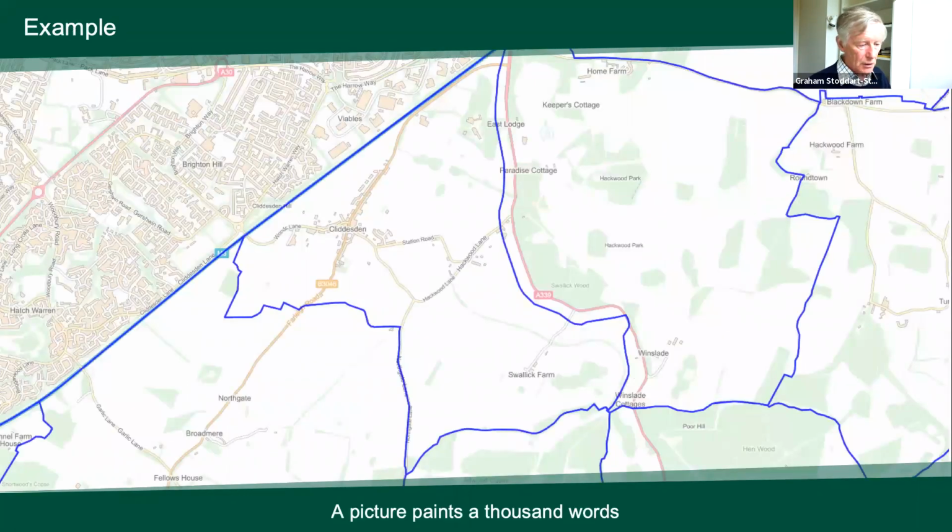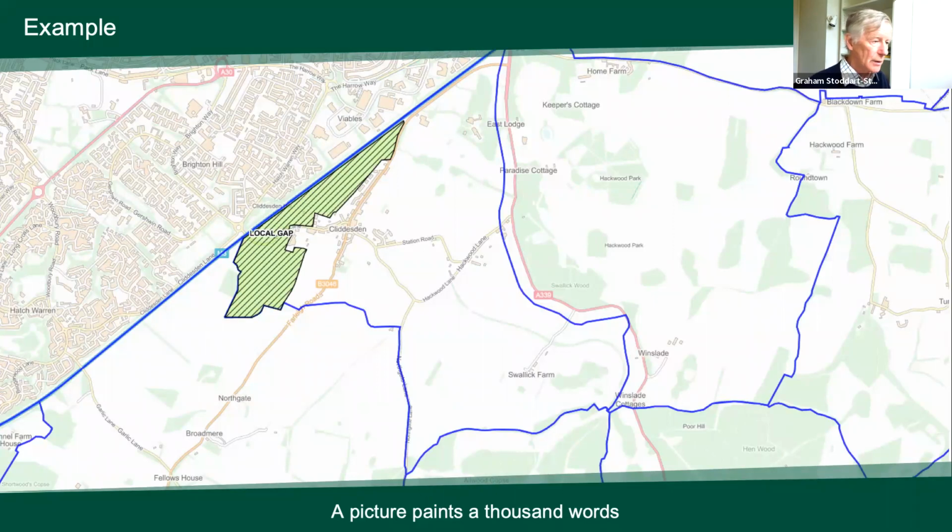Then you can just show examples of what you can do. So here's just a boring old digital map of a local place, and then we start adding things to it. So here's the local sort of gap for the conservation area, if you will. That means that no one's going to be able to build there. Then you can say, on the other hand, we do want to put green spaces in. So here are several green spaces that the town plans to maintain.